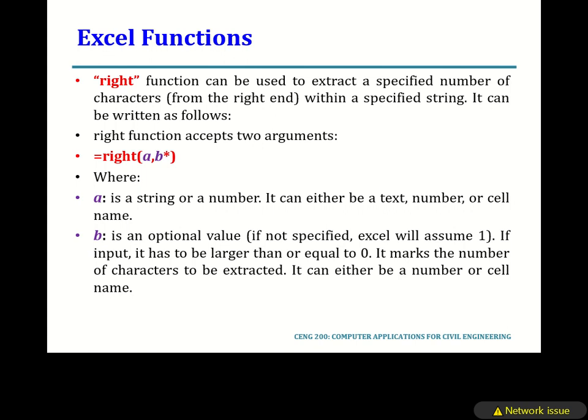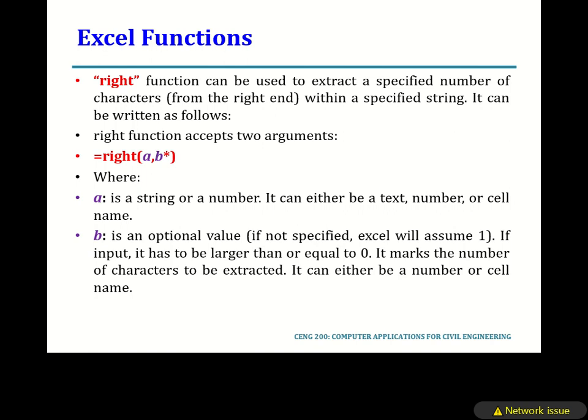And B is how many characters you want to take, and it will count from the right hand side. Okay, so for example, if I write again, because it is text, so inverted commas, and if I write 2, answer will be what? En, right hand side, right? Let me just check. Specify number of characters. Okay, clear?